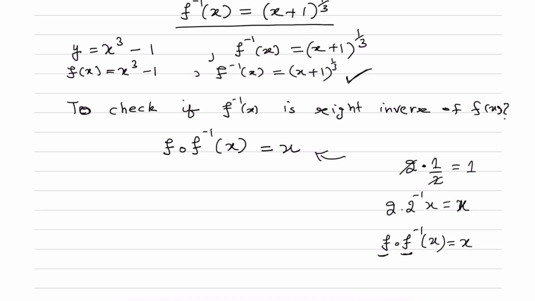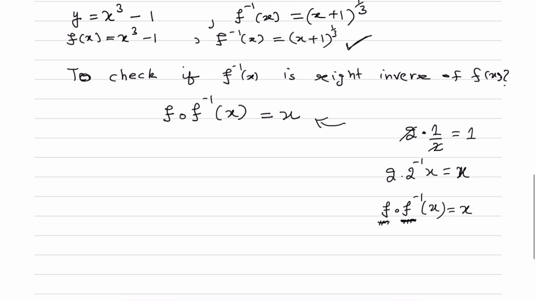Only if this f inverse is the right multiplicative inverse of f, right? So let's check in our particular case if f inverse x that we got here is the right inverse of f of x. So let's compose f with f inverse of x.